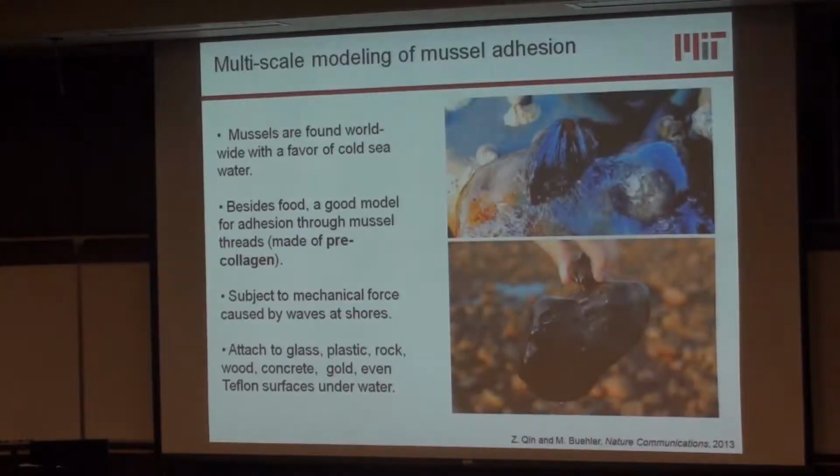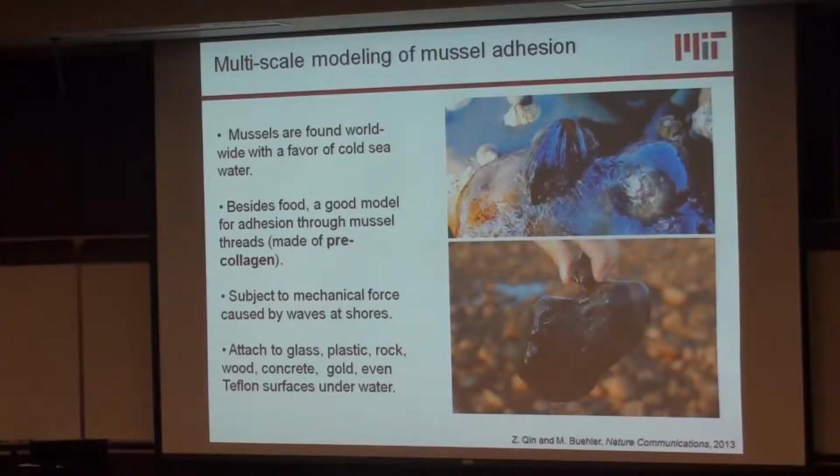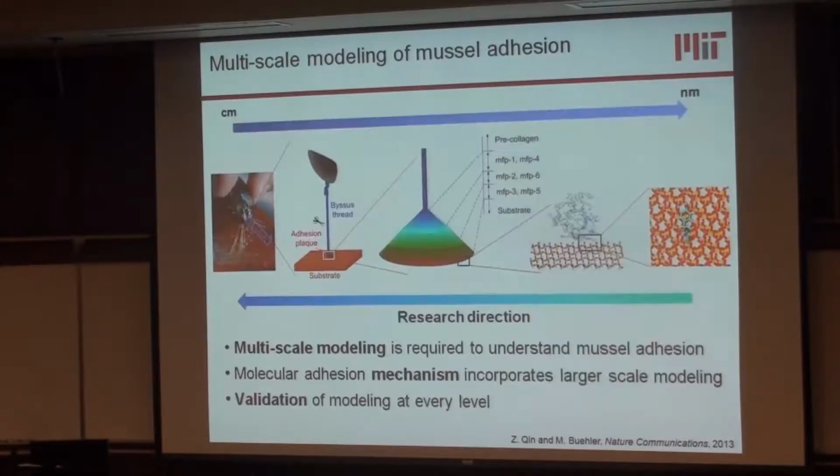So here we study one example that represents those interfaces, that's mussel adhesion. Those mussels are found at the seashore attached to stones, glass, and wood. They can even attach to Teflon surfaces underwater and in salt conditions. So it's very interesting to ask how they manage to attach, and why the attachment is so strong.